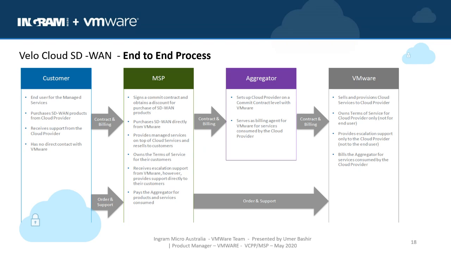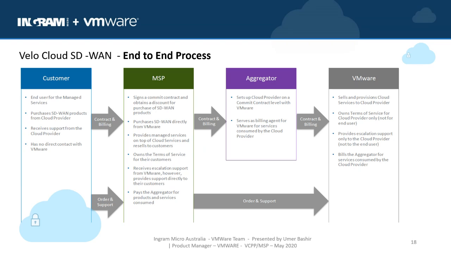The process is just similar to any other MSP services. Ingram Micro, as an aggregator, our job is to make sure that we are the best billing party for you. We solve your invoicing problem. We solve any problem with the reporting in the process, but generally speaking, we are just the billing party, and MSPs would be owning the terms of service in this process.